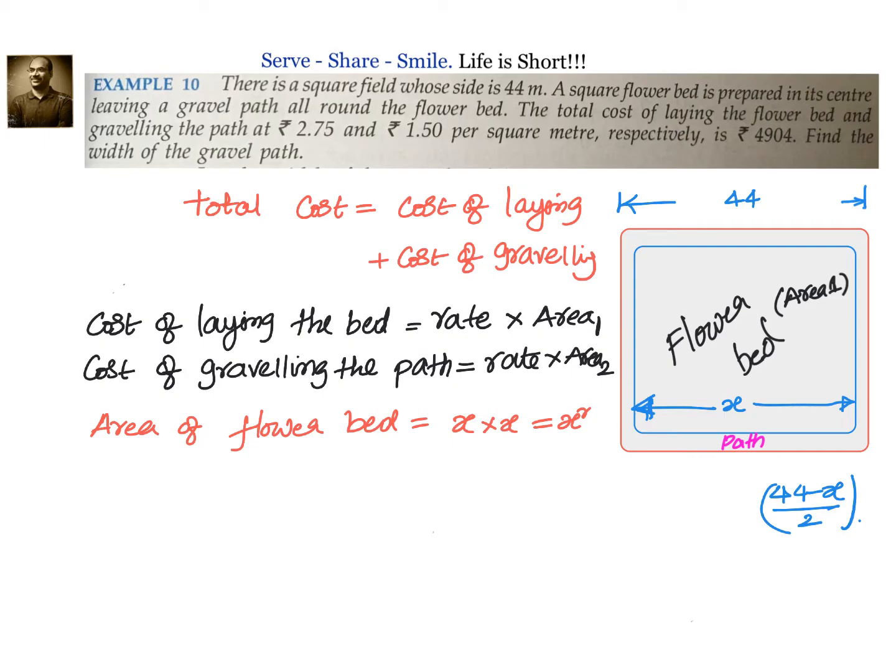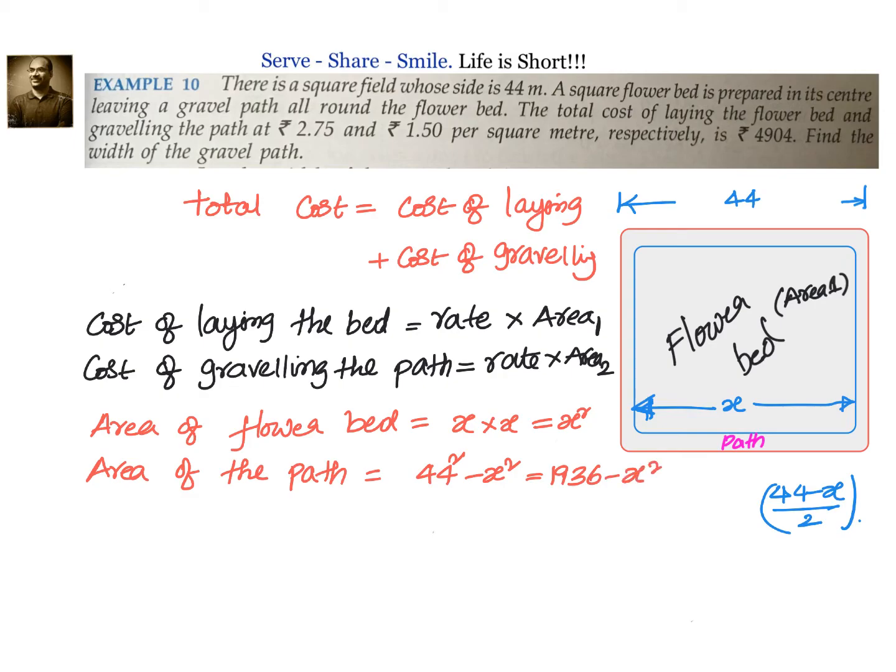Then what is the area of the path? You can see that area of path is the difference of squares of side 44 and x. So we can write down 44 square minus x square, that is 1936 minus x square.